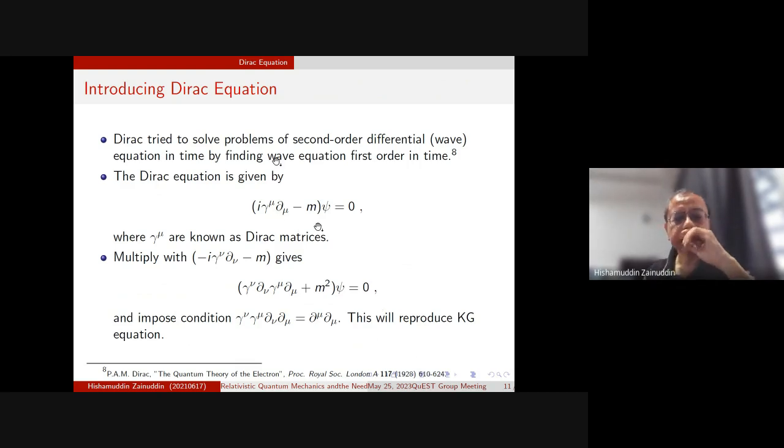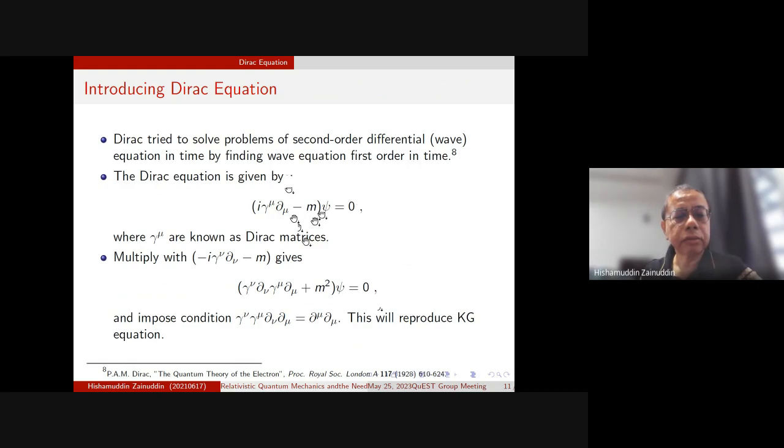One of the things that would be useful is to ask whether you can get from the Dirac equation to an equation similar to the Klein-Gordon equation. In the Klein-Gordon equation, you have your derivatives contracted, but here the derivatives are contracted with some unknown matrices, which are called the Dirac matrices in today's literature.